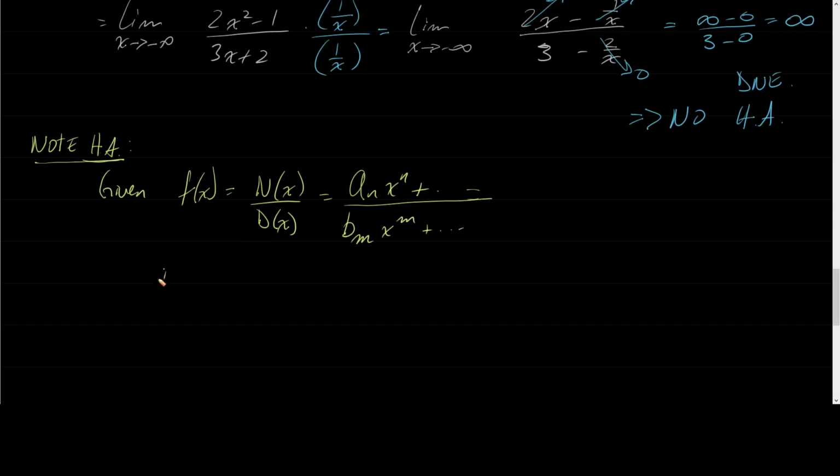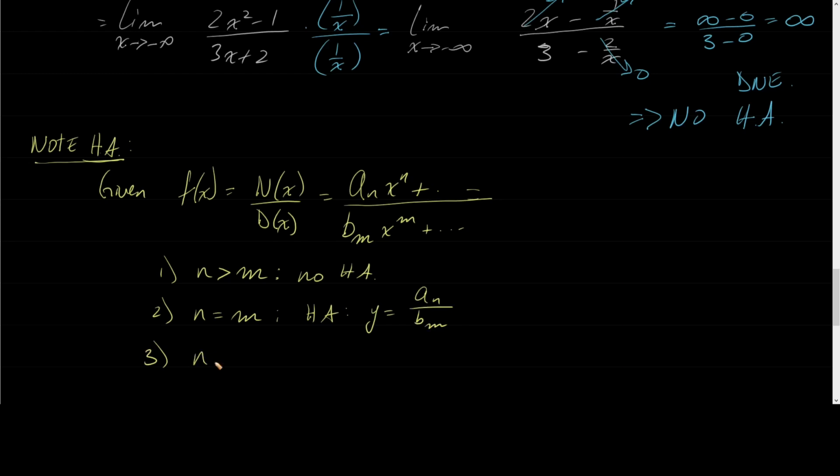So scenario number 1 was that if the degree on top is bigger than the degree on bottom, then there was no horizontal asymptote. If the degree on top was equal to the degree on bottom, then what we found here was that the horizontal asymptote was just the line y equals a sub n over b sub m.